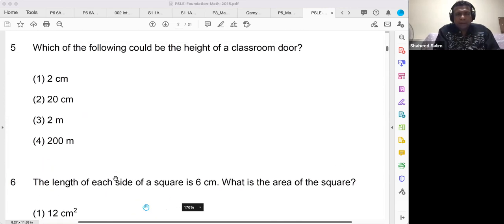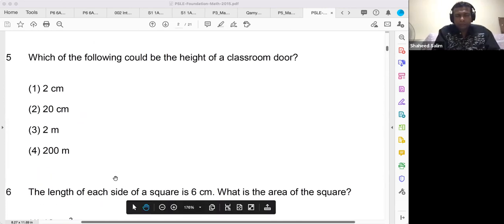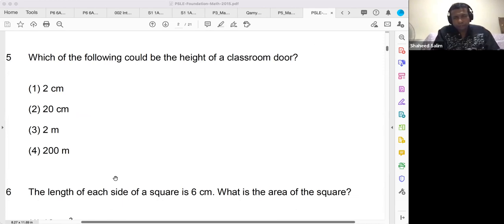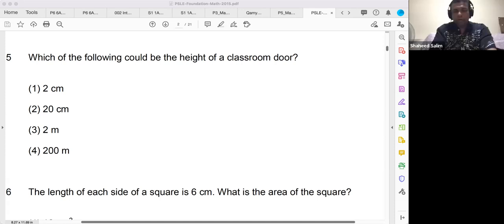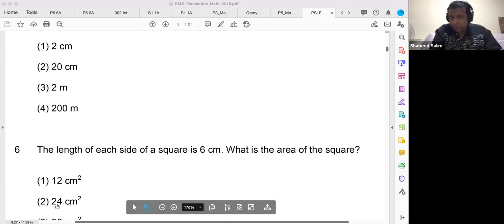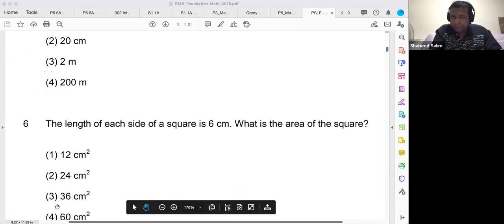What's the height of a classroom door? Two meters. Well done. You can see the foundation is very easy, you know. So if you want, you can score 80 marks, 90 marks.